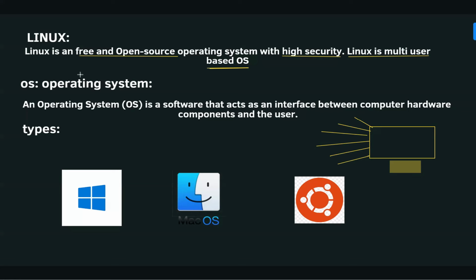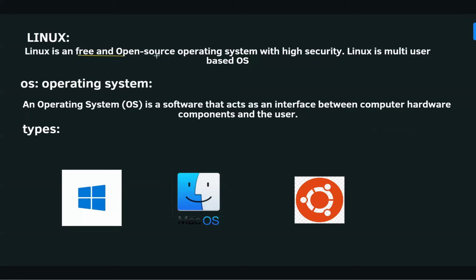So I'm going to repeat one more time. Linux is a free and open source operating system with high security. Now, what is meant by free and open source operating system? Anyone can access without any pay. And also for Linux, we are having very high security.